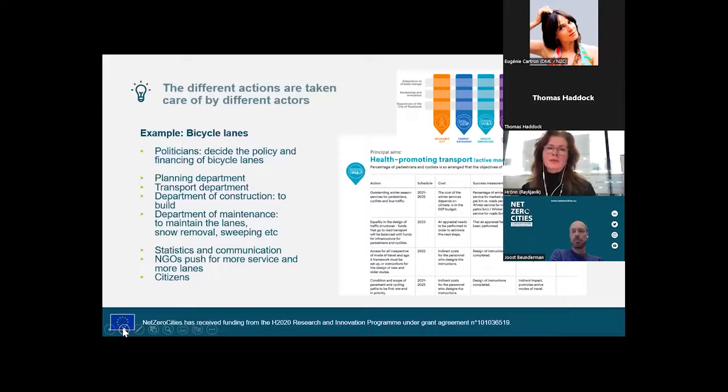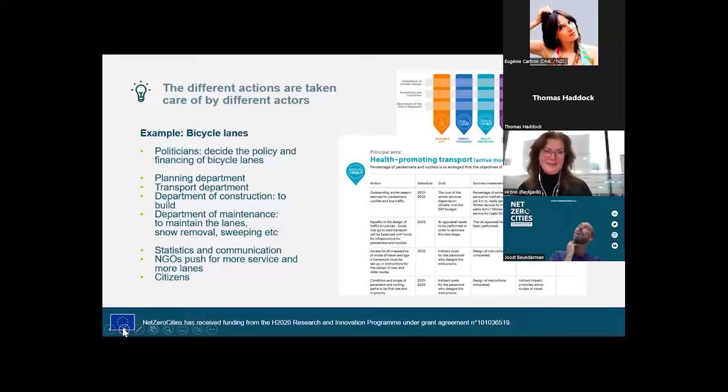We have the NGOs pushing for more service and more lanes, and that is just a good thing to embrace. And then just citizens in general that are interested in more bicycle lanes. And of course, there are always people that curse bicycle lanes and so on, because we have different kinds of people with a different kind of vision of life.